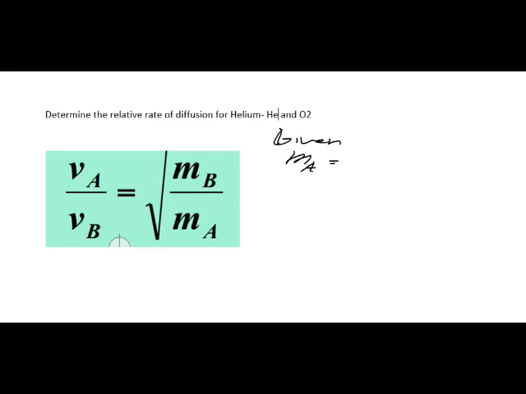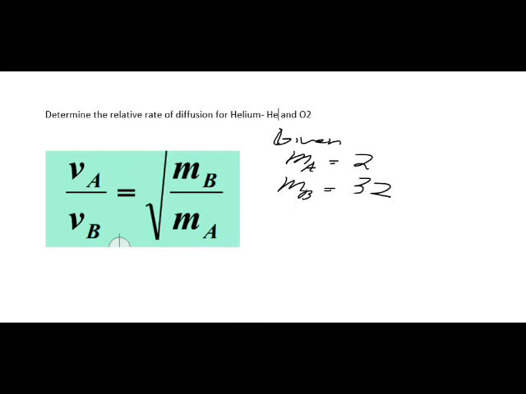What's the molar mass of helium? 2. That's the molar mass of helium. And then what's the molar mass of oxygen? 16. But there are 2 oxygen, so that would be 32.